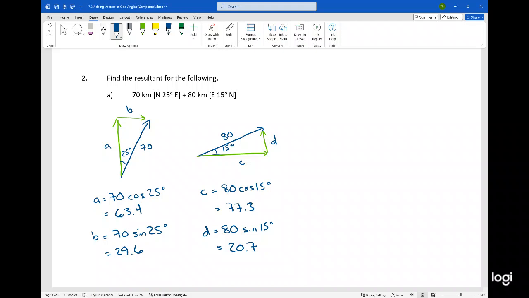Okay, now what I'm going to do is put those together to see what's actually going on. So it doesn't matter whether you start with the vertical or the horizontal. I think I'm going to start with the horizontal and say that if I put these pieces together, I should get B plus C going both to the east. So B plus C should be two vectors going to the east. So 29.6 plus 77.3 is 106.9.